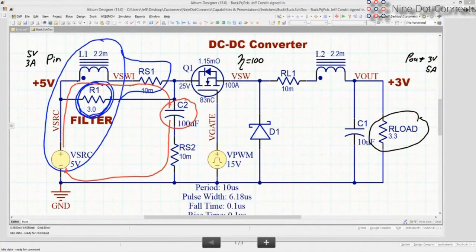At some point in time, Q1 is going to turn on, and it's going to allow the voltage from this point to be connected through to the input of the inductor. And current is going to start flowing.